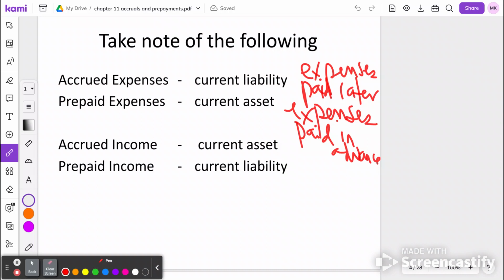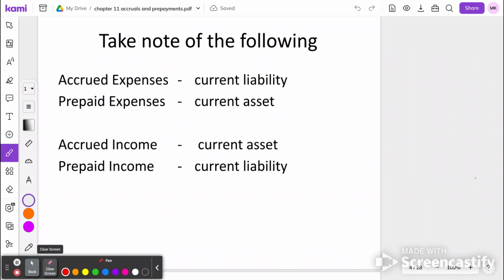And again, accrued expenses are expenses paid later, which becomes your current liability. And prepaid expenses are expenses paid in advance, which is obviously your current asset. Okay, I hope you took note of those important key ideas there.